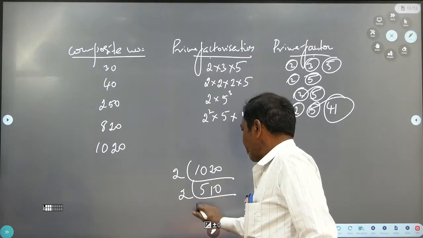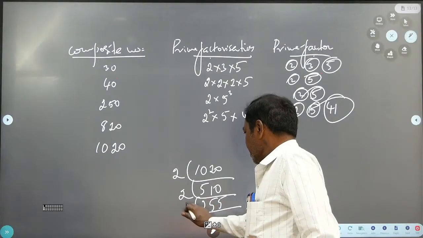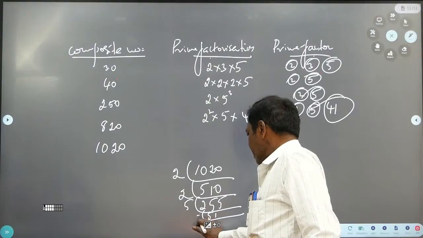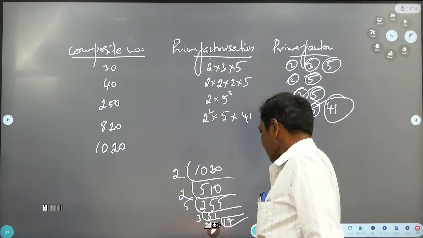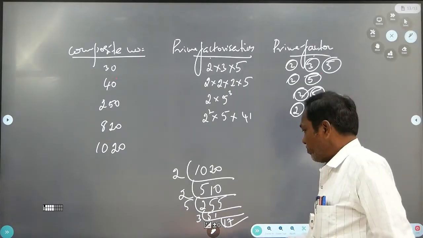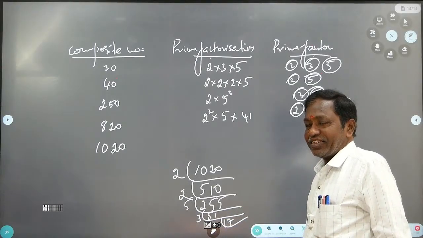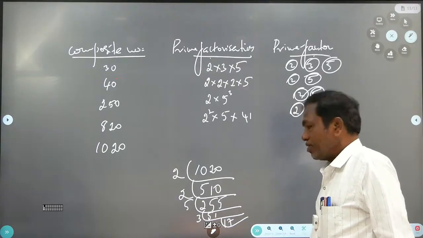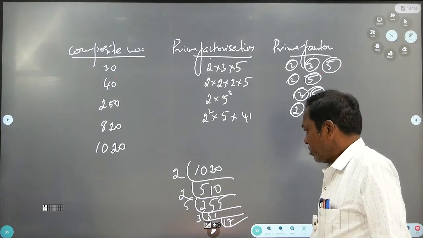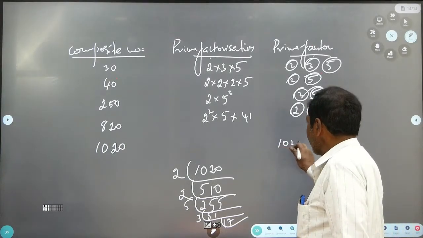Again it is an even number. 2 2s are 4, 2 5s are 10, 5 5s are 5 1s and 3 17s, right. 5 plus 1 is 6, it's a multiple of 3. So first 3. 255 is also divisible by 3. Yes, you can do it also. It will be the same only.